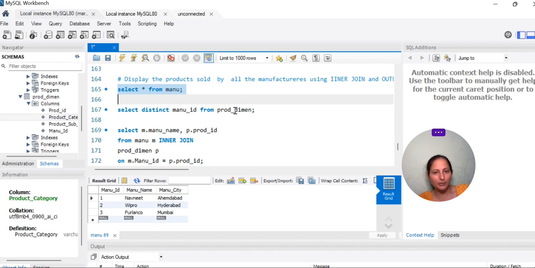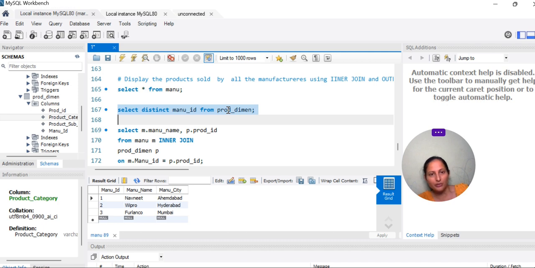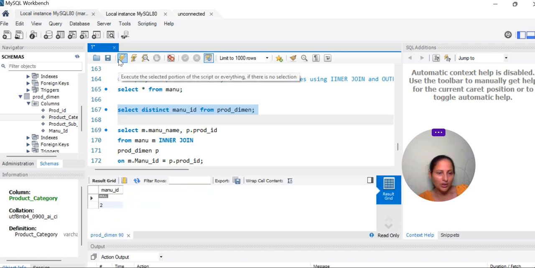If I run this, it shows null and two distinct values. There are three manufacturers, 1, 2 and 3.